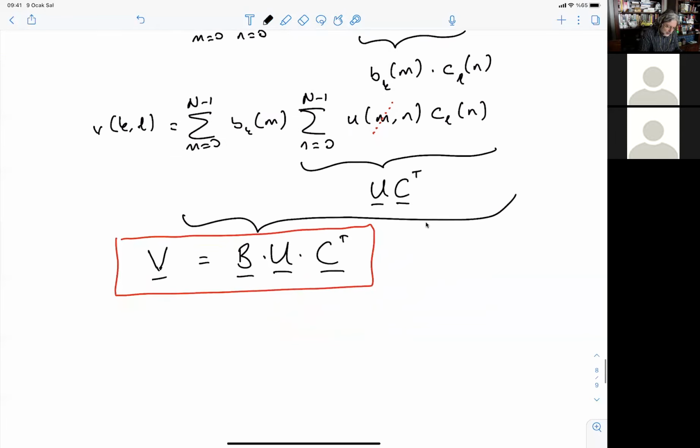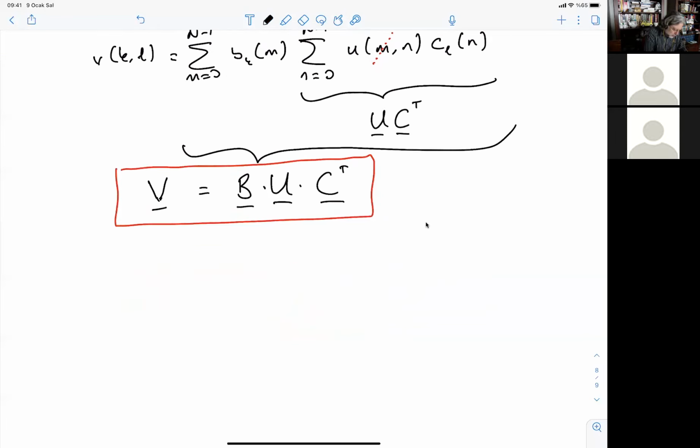And using the previous notation, usually we have this: V is equal to the A transformation matrix times U times A transpose. And that's it. This is our transformation in two dimensions. We transform from the left-hand side and from the right-hand side using the transpose of the same transform. This is a two-dimensional transform.